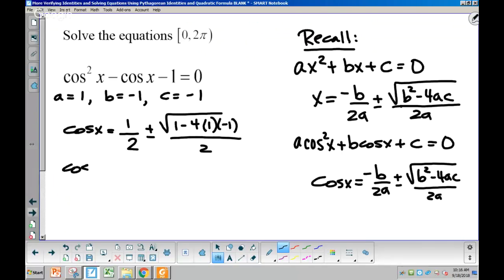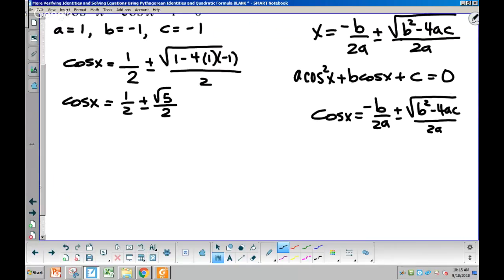So we're going to get cosine x equals 1/2 plus or minus the square root of 5 over 2. Okay, so I have two solutions there. I can say that the cosine of x is equal to 1/2 plus root 5 over 2, or the cosine is equal to 1/2 minus root 5 over 2.